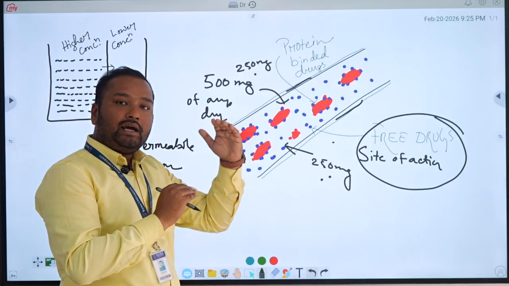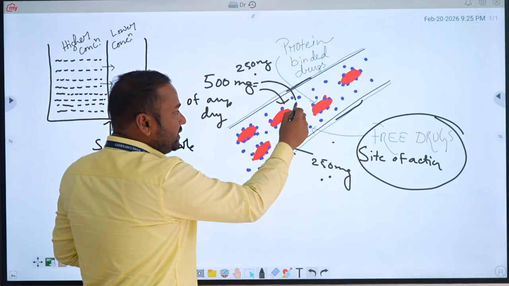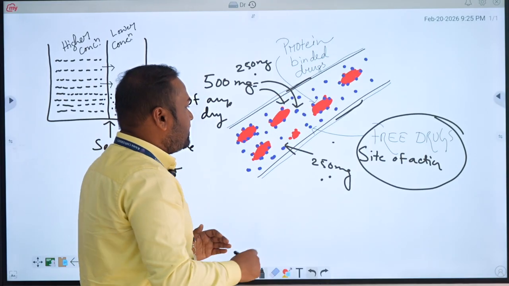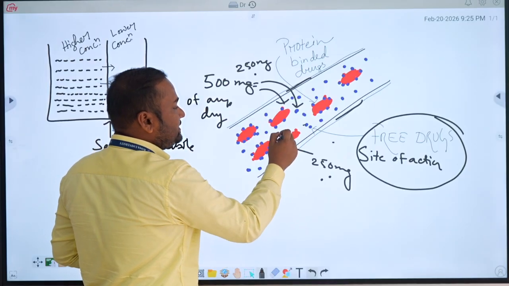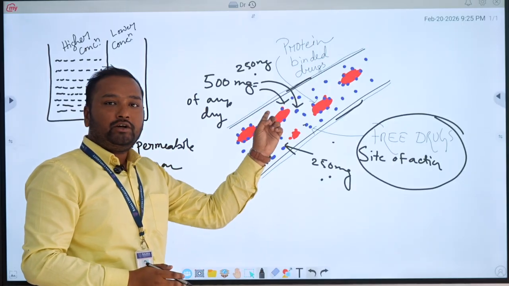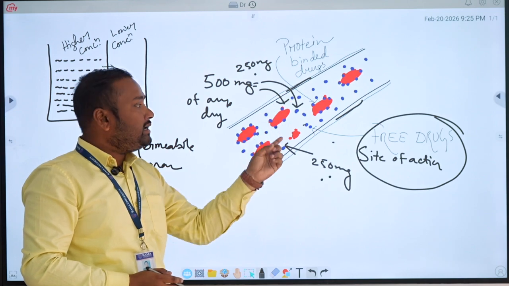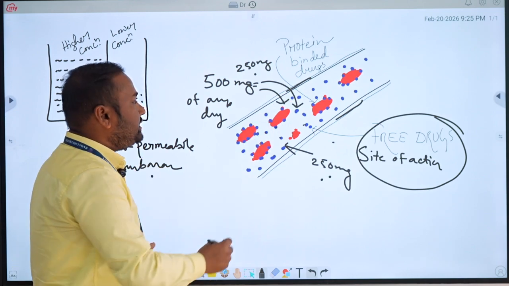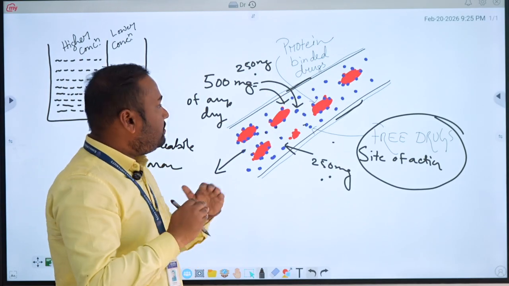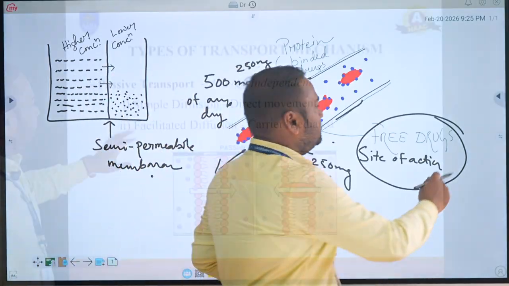We have to make the concentration either higher or lower. So whenever the 500 mg gets into our bloodstream, some of the drug gets attached to the proteins present in our plasma, and the rest, the free drug, moves to the site of action. The drugs that are bound to the protein also get released whenever the site of action requires the amount of drug. That's why the flow keeps continuing, because whenever there is equilibrium, there will be no transport of drug, but when there is unequal concentration, there will be flow of drugs.